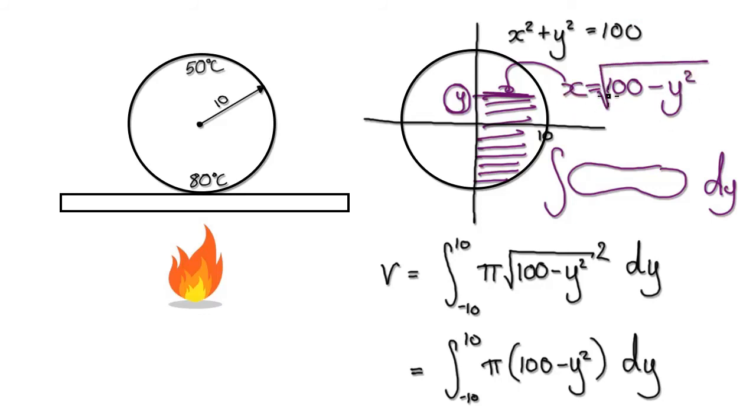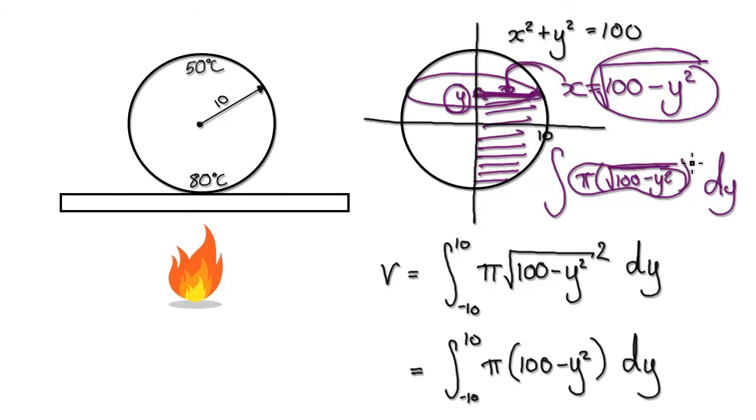That will give us this radius. And once we've got our radius, we can pi r squared it. So this is our r here, the square root of 100 take away y squared, and then we have to square it.